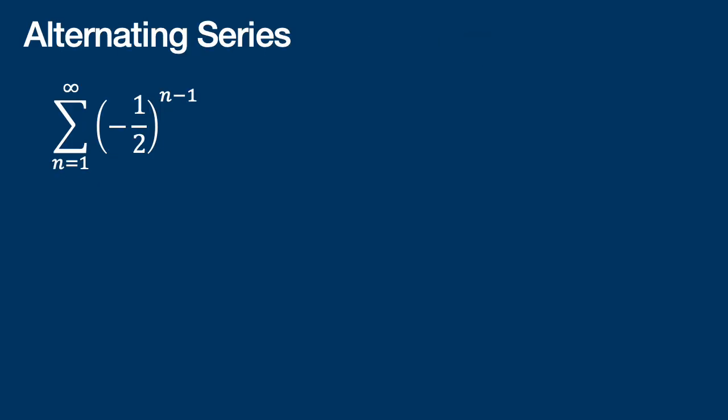First, let's talk about an example of an alternating series. Look at this series: summation n equals 1 to infinity, negative 1 to the power n minus 1, times 1/2 to the power n minus 1.